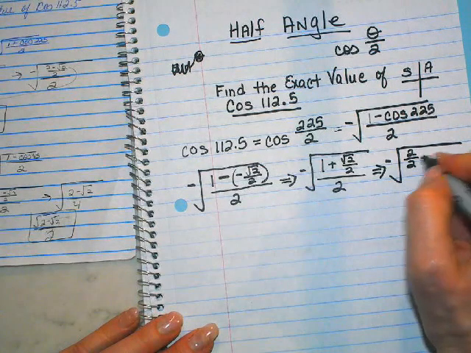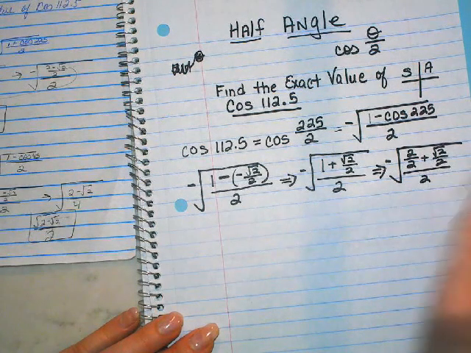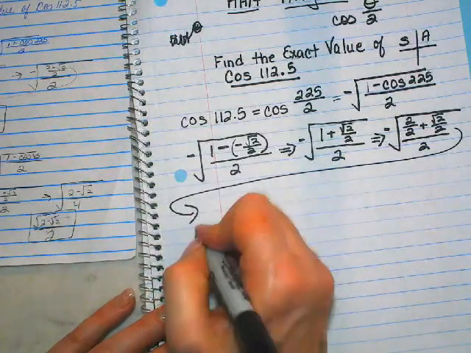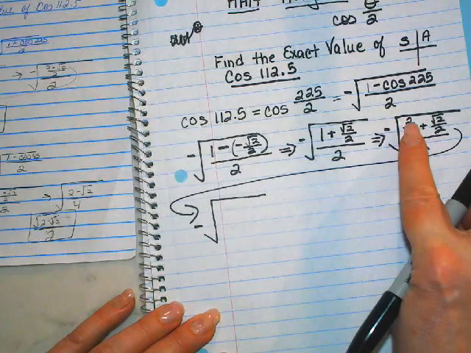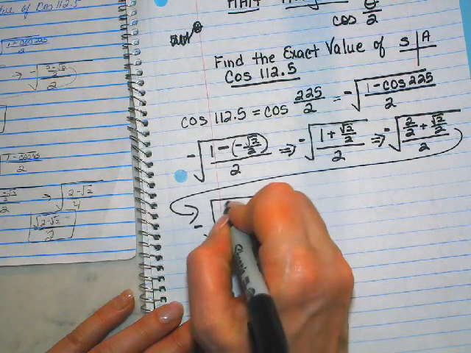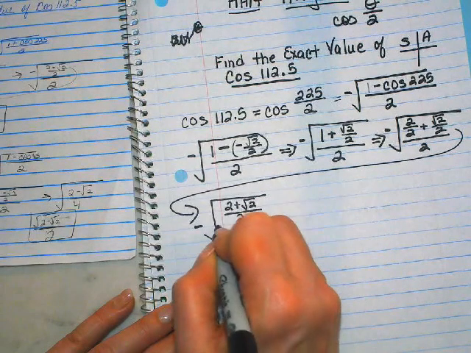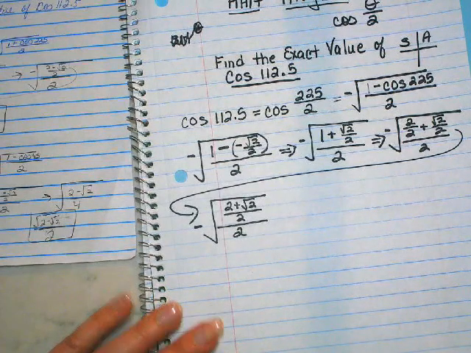Isn't 2 over 2 1? So 2 over 2 plus radical 2 over 2, divided by 2. I'm going to squeeze it down here. Negative the square root of 2 over 2 plus radical 2 over 2. If I simplify that, it's just 2 plus radical 2 over 2, the whole thing over 2.